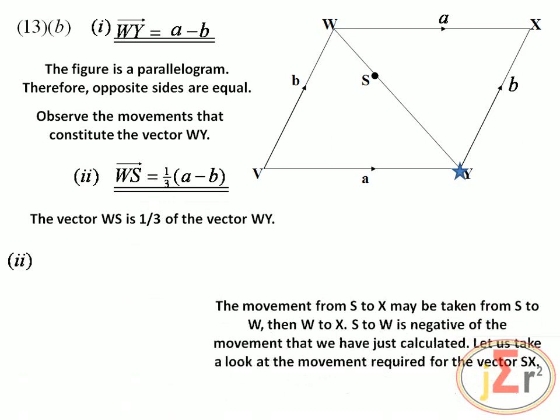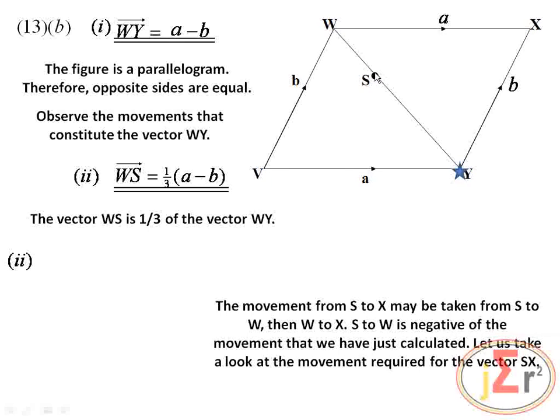Is there any other vector that we need to determine? The movement from S to X may be taken from S to W, then W to X. Let us take a look at the movement required for the vector SX. Move from S like that, and then like that.